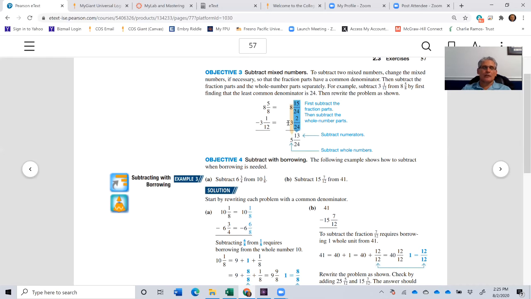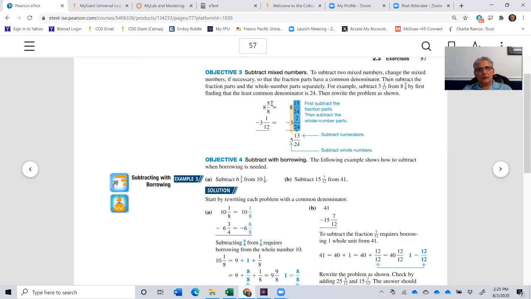Subtracting mixed numbers is very similar, except instead of adding, we're subtracting. We still have to have a common denominator, but the example shown here is 8 5/8 minus 3 1/12. Well, 5/8 and 1/12 can be computed separately from the whole numbers.